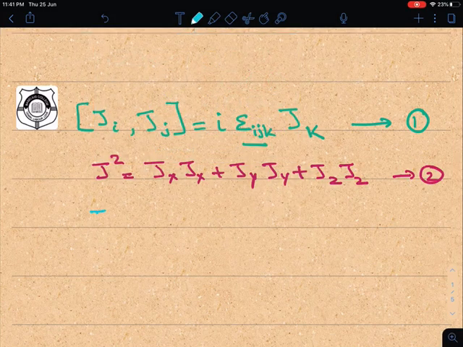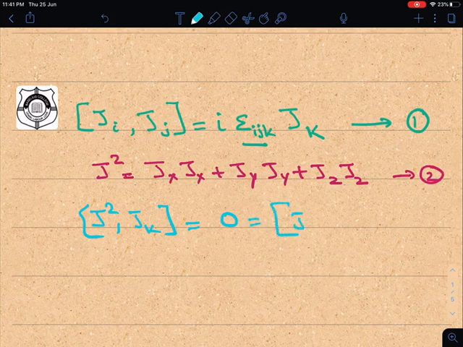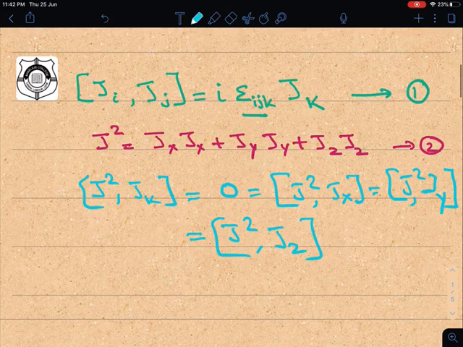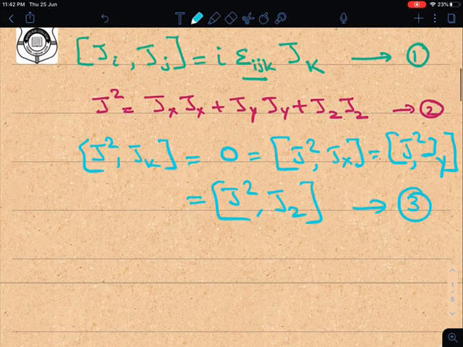Based on this, we saw that J square commutes with all the Jk's, which means the commutators [J square, Jx], [J square, Jy] and [J square, Jz] are all equal to 0. So that was our second lecture.